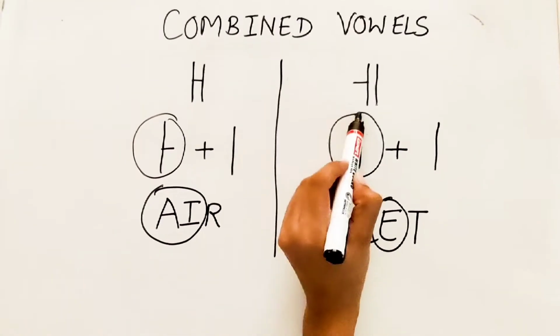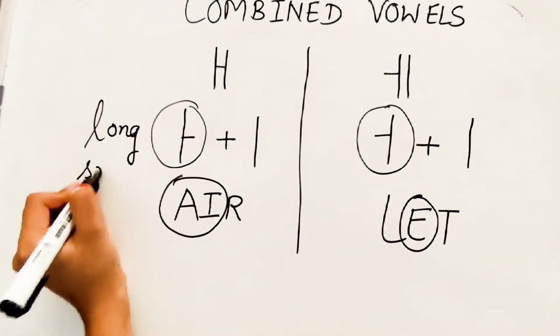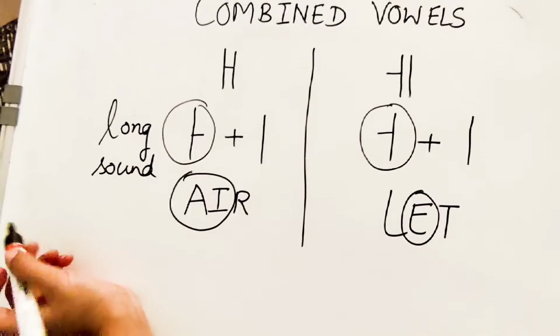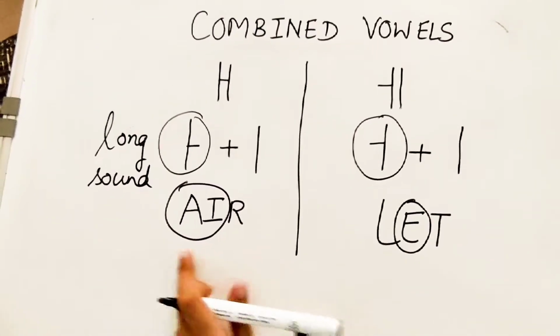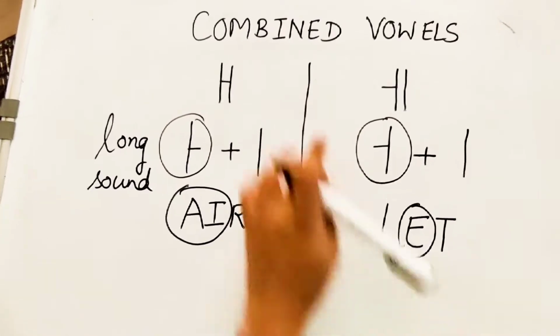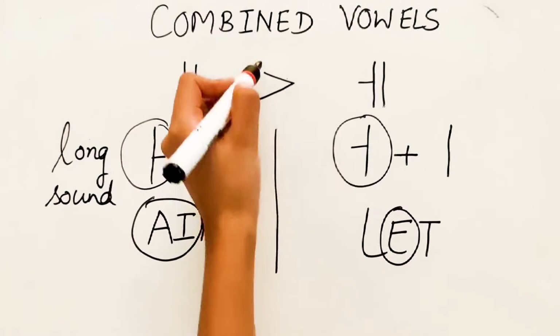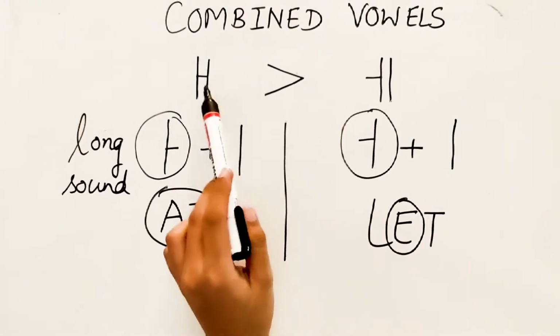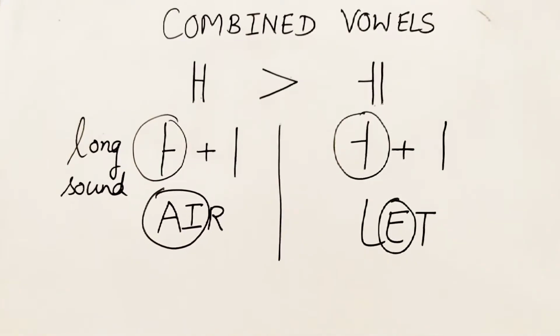Even though the a and o in both these vowels have a long sound, that's why it's a little difficult to differentiate between them. But when you say air and let, one after the other, you will realize that air has a longer sound than let. So that's how air has a longer sound than e. I hope you got that.